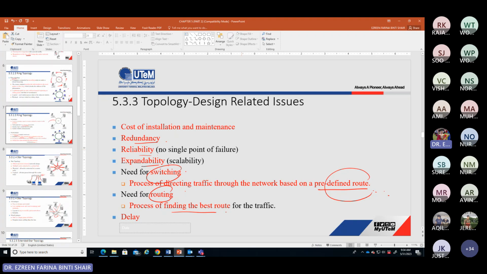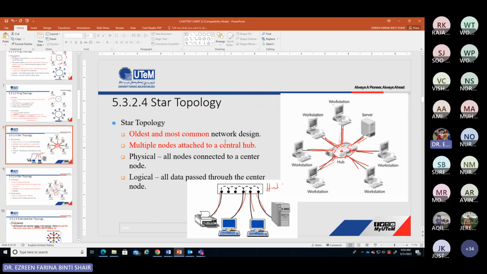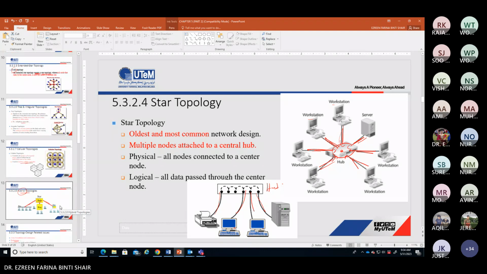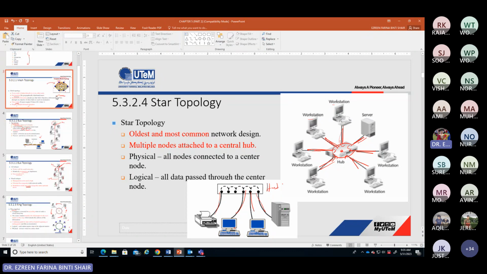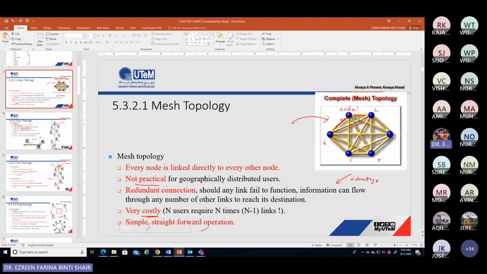Saya bagi contoh yang star topology ni. Star topology ni, since the connection dia connect macam ni, so connect to a hub. So bila hub ni rosak, semua tak akan function lah. So this is what it means by single point of failure. Faham tak? Kalau mesh topology ni, okay, kalau one node ni tak boleh function, yang lain ni masih boleh function, boleh send information.